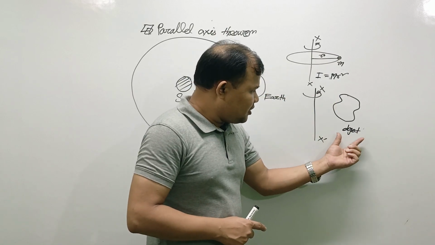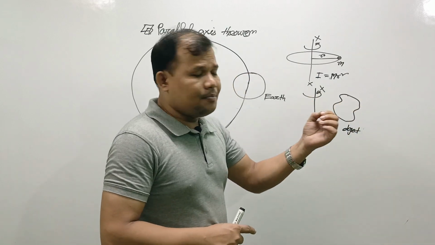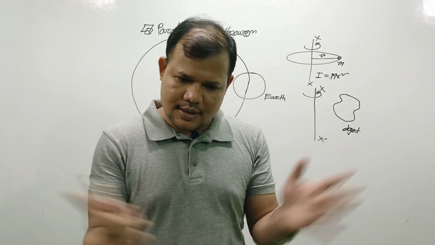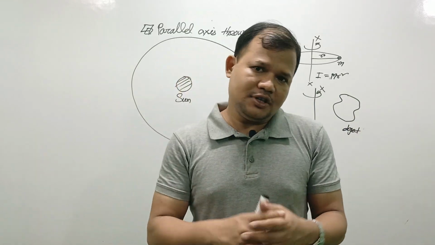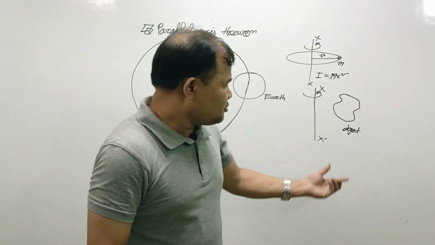If we find the moment of inertia of every single particle and sum the moments of inertia of all particles, then we get the moment of inertia of the total object.